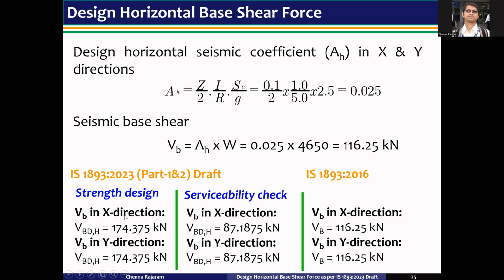Here you can see the difference between the strength design of IS 1893-2023 draft code and IS 1893-2016 code. The seismic base shear as per IS 1893-2023 draft code is more than 66% higher than IS 1893-2016 code.